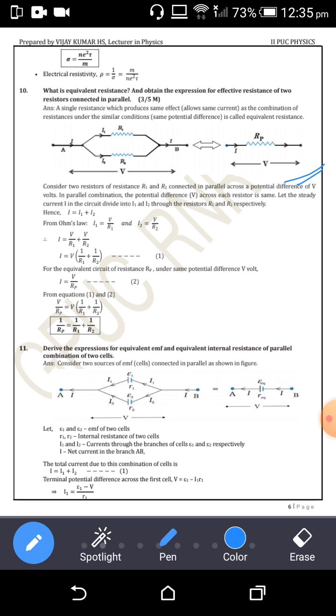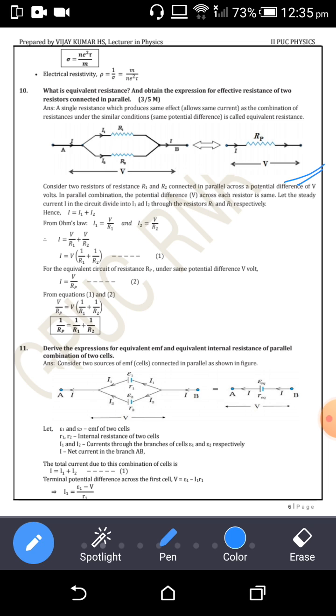In parallel combination, the potential difference V across each resistor is the same. Let the steady current I in the circuit divide into I1 and I2 through the resistors R1 and R2 respectively. As the current differs through each resistor, the total current is I equals I1 plus I2.